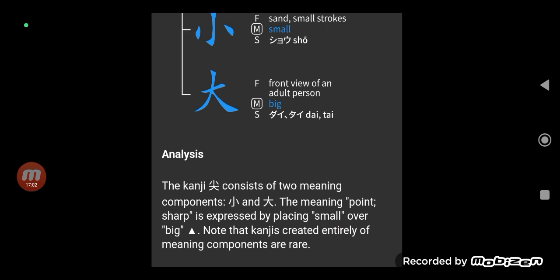So if you have a pointed object, like a pyramid, you can observe that the apex or the upper part is small, and the bigger part is the base of that pyramid, or say a knife. So obviously the upper part is small, and the base is the bigger part.